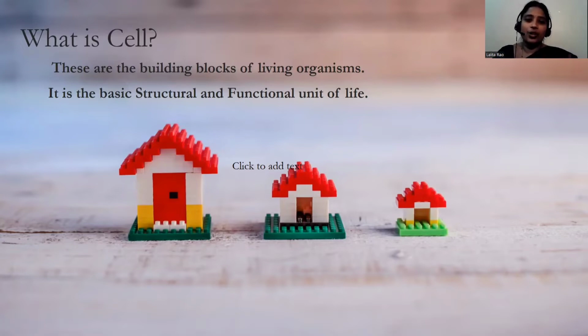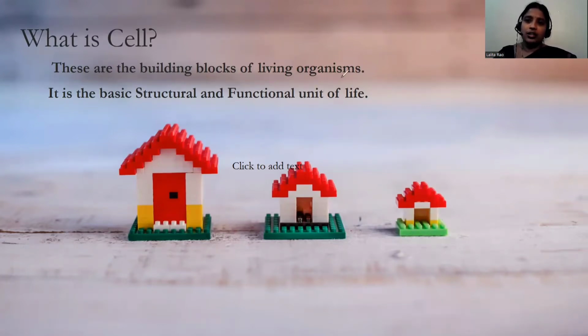Now in this image, you can observe, you might have played with these building blocks when you were small, isn't it? When you keep on fixing these blocks one over the other, they form one particular structure.